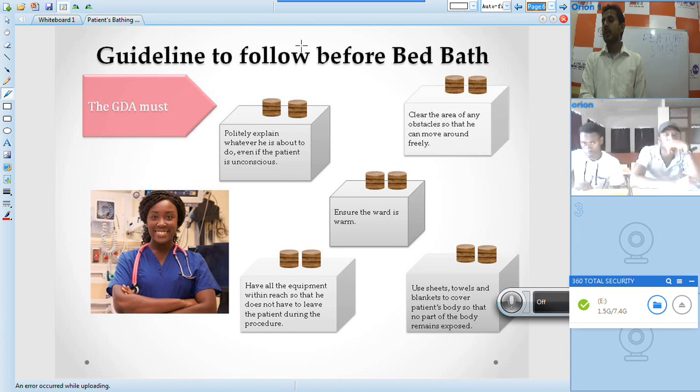You need to use a sheet, towel, or blanket to cover the patient's body so that the patient does not feel cold during the bath.